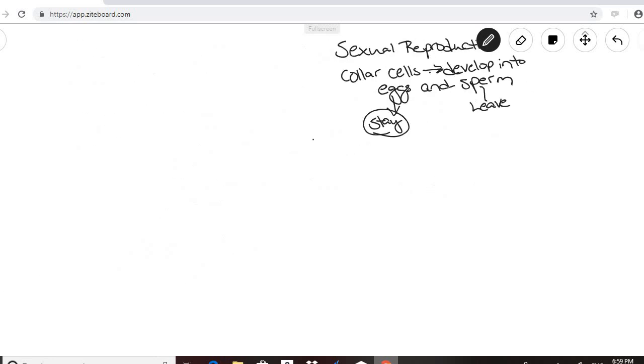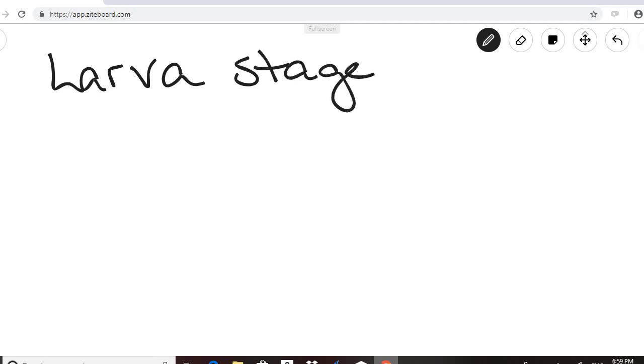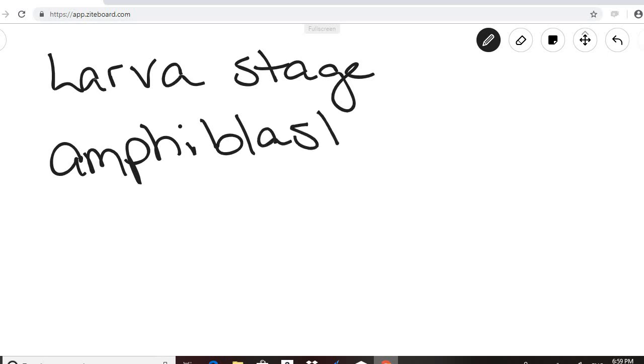Once fertilization has taken place, there is a larval stage that is called an amphiblastula. That's the larval phase.